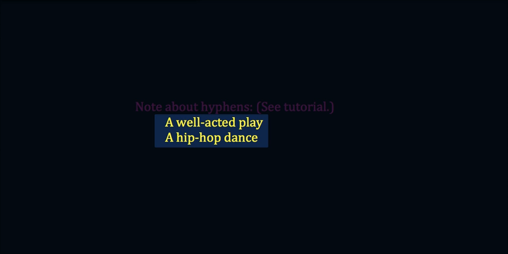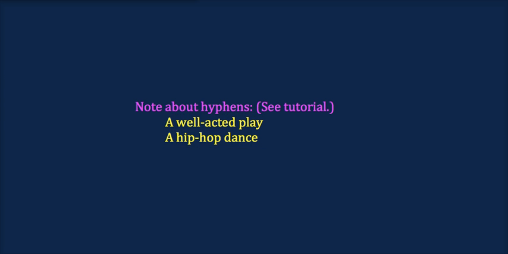Like, look at the samples. A well-acted play. Okay, well-acted is one descriptor made up of two words modifying play. Or a hip-hop dance. Hip-hop is acting together as an adjective describing the kind of dance. Okay, so that's what a hyphen is, that's what a dash is, that's what parentheses are.